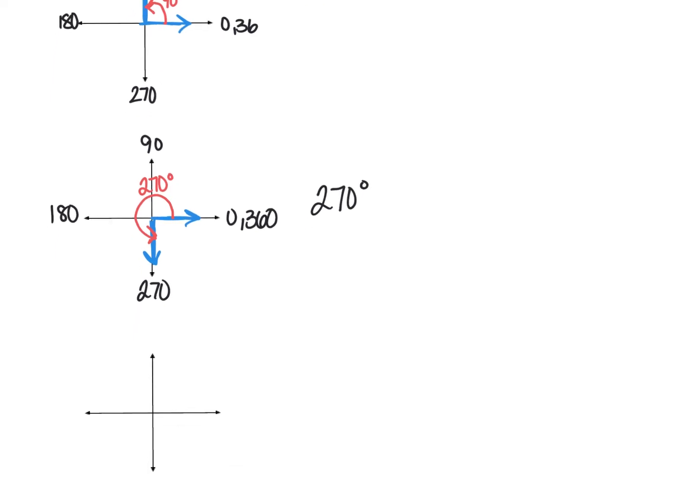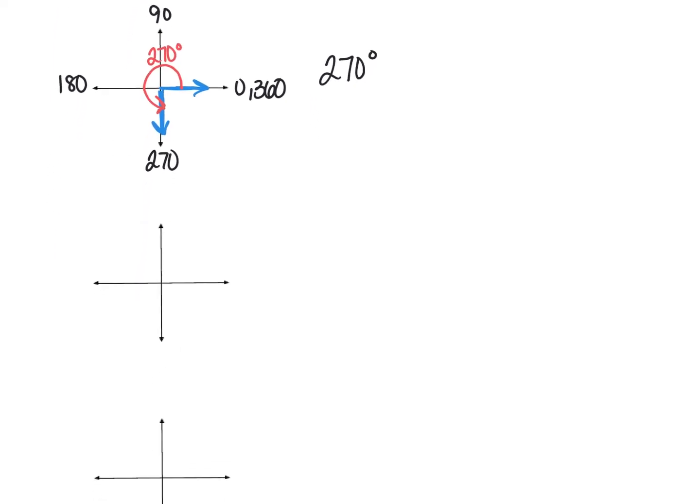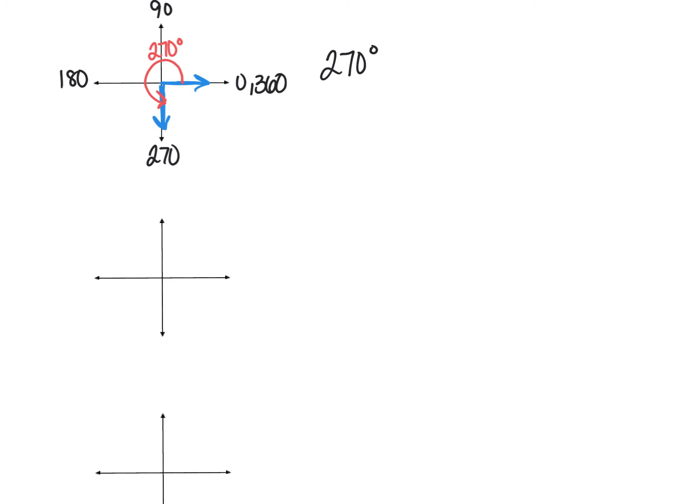Now, I could also ask you to graph negative 180 potentially. That's a quadrantal angle as well. So we're going to go with 90 down here. So 0, negative 90, negative 180, negative 270, and negative 360. Again, we need our initial side, never going to change.